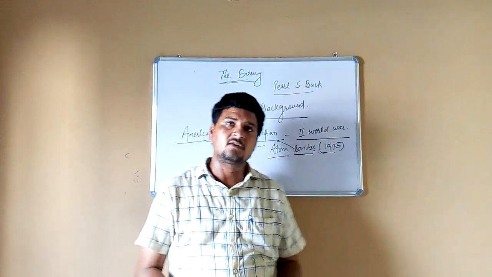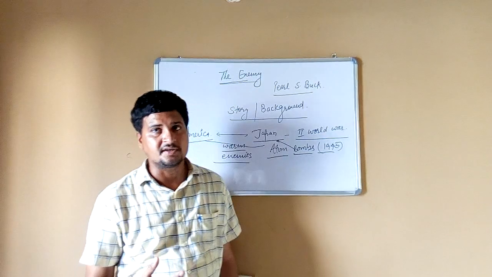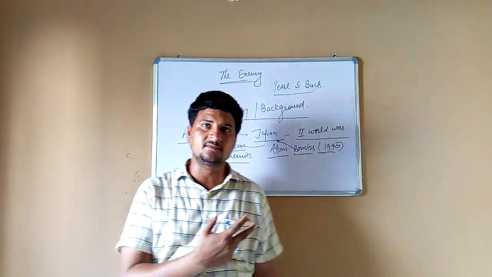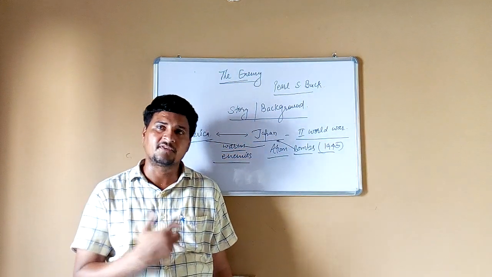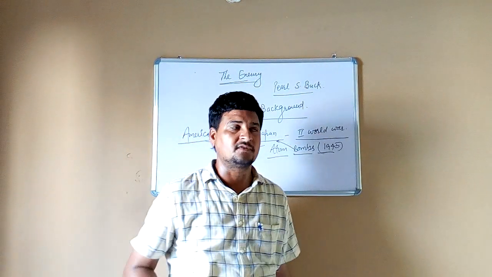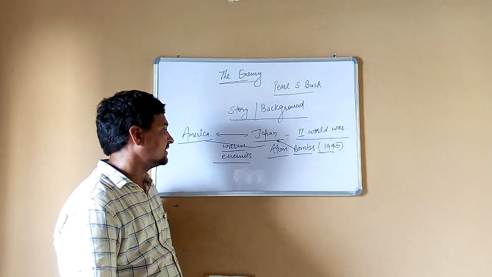Till now, only on two occasions atom bombs have been used, in the same World War after a gap of 2 days. They were used in 1945, on 6th August and 9th August, on Hiroshima and Nagasaki.